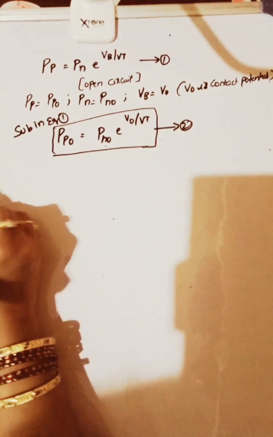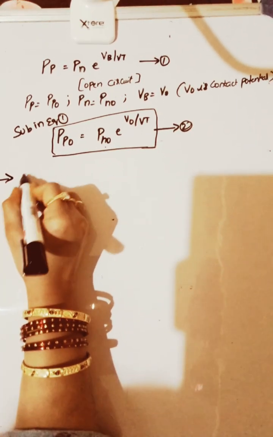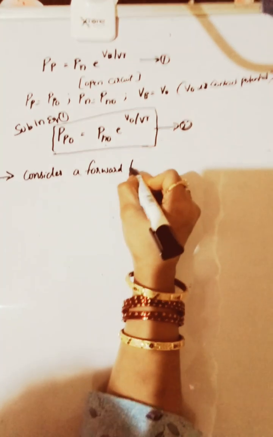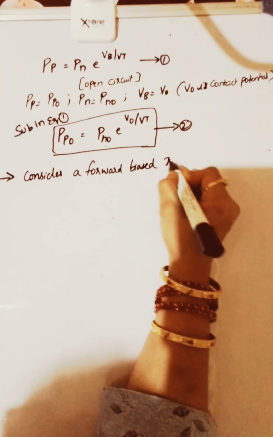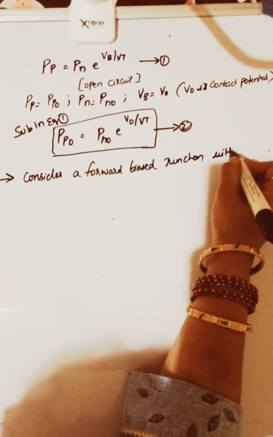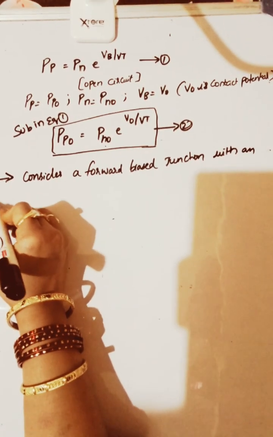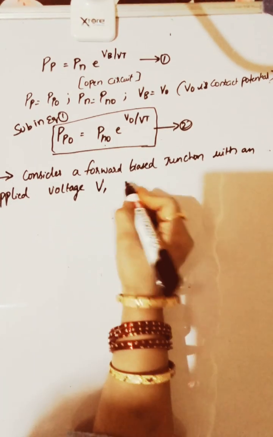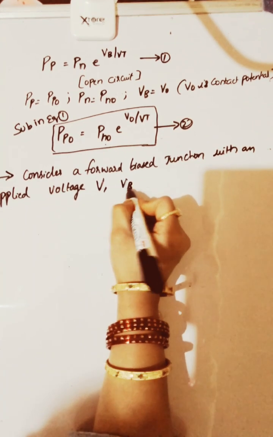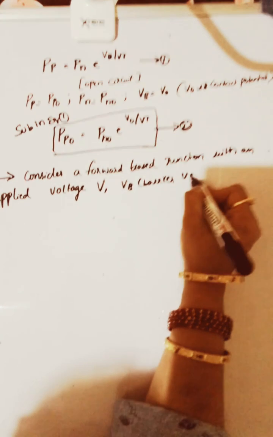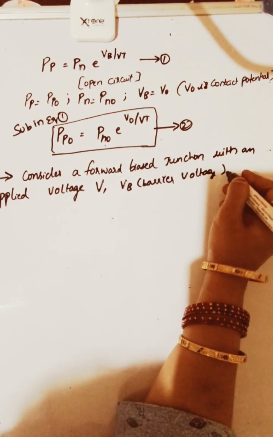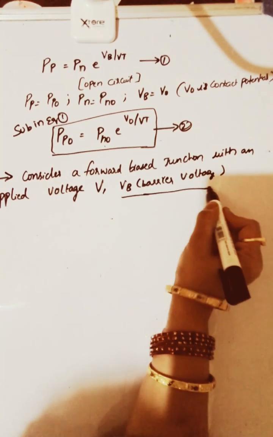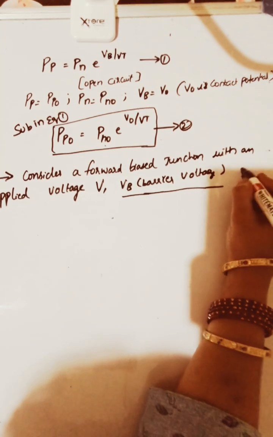Now consider a forward bias junction with an applied voltage V. Then the barrier voltage VB is decreased from its equilibrium value V naught by the amount of V. Listen here carefully.